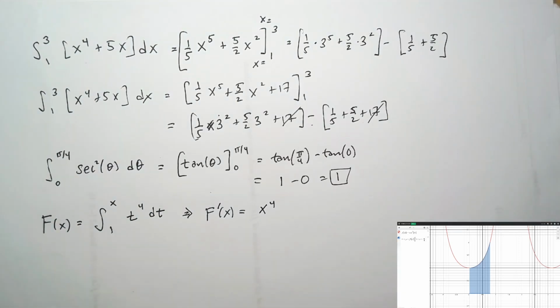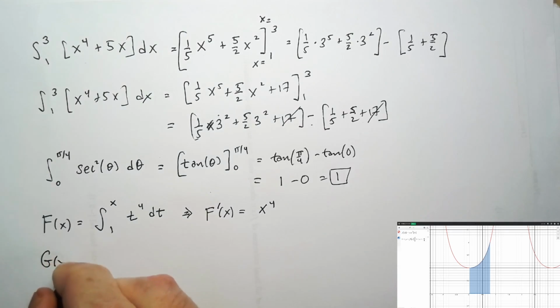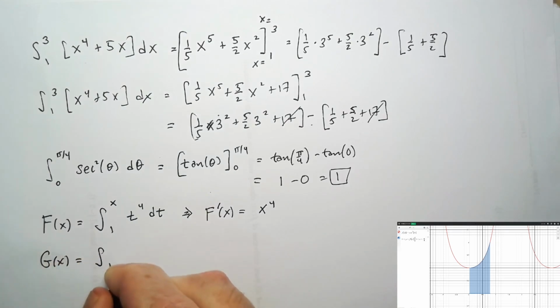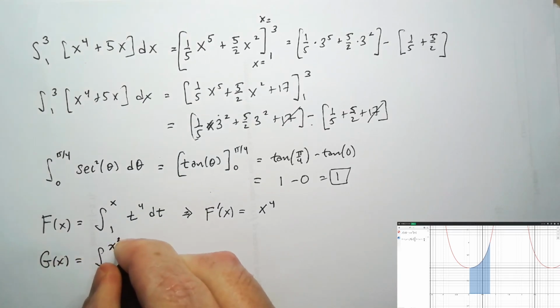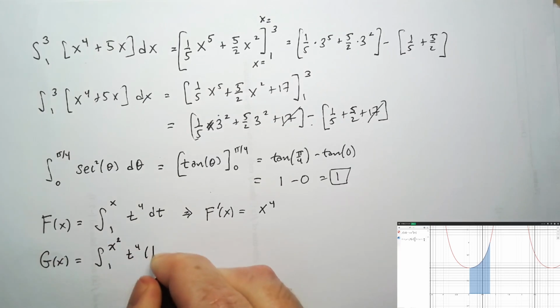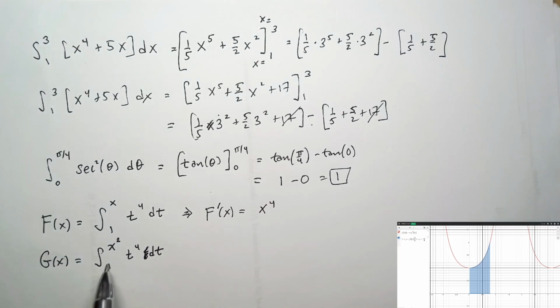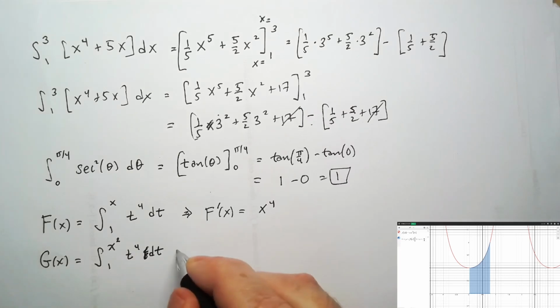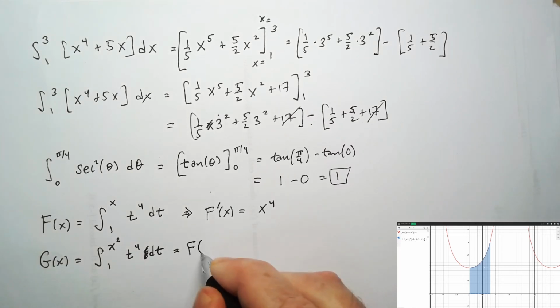at x. If we had a function capital G of x that was the integral from 1 to x squared of t to the fourth dt, we can't apply the fundamental theorem of calculus directly because we have an x squared as the upper endpoint of integration. But we can think of this as a chain rule problem. This is just our previous big F evaluated at x squared.